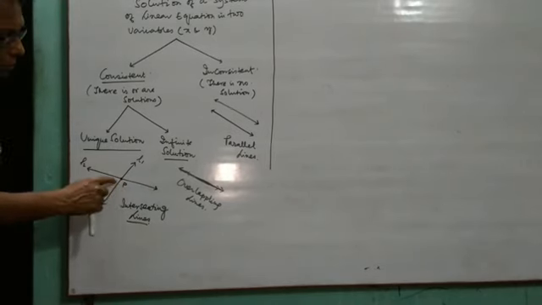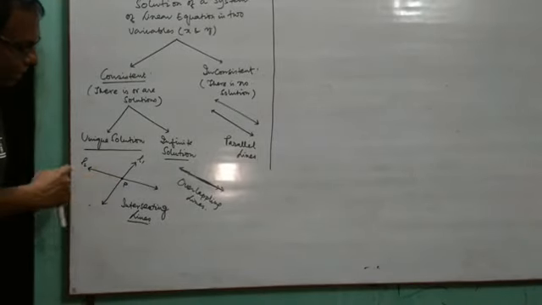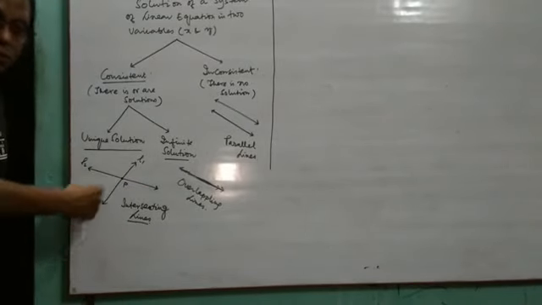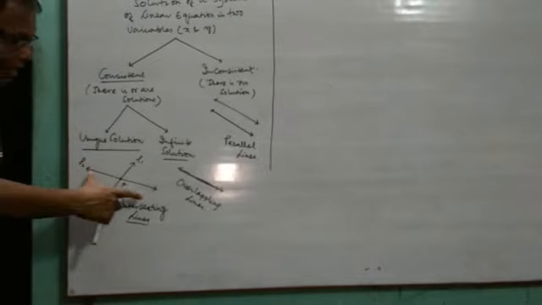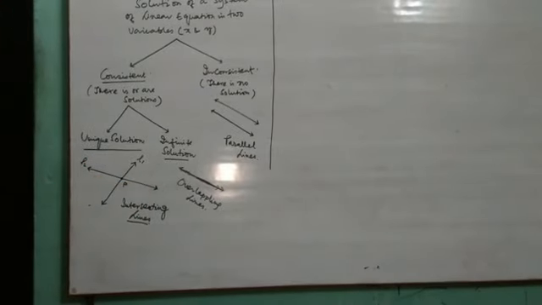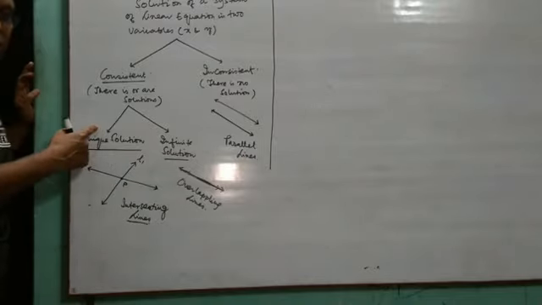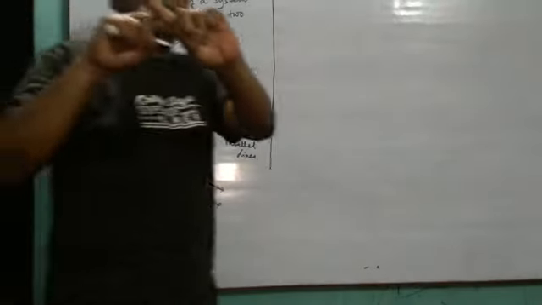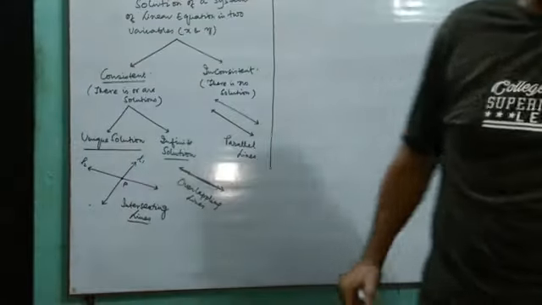Unique solution, because the point P lies on L2 as well as on L1. It lies on equation number 1 as well as equation number 2. So the common value that lies on both equations, which satisfies both the equations, is known as the solution, and it is the case of unique solution. So in case of unique solution, you will get two intersecting lines.